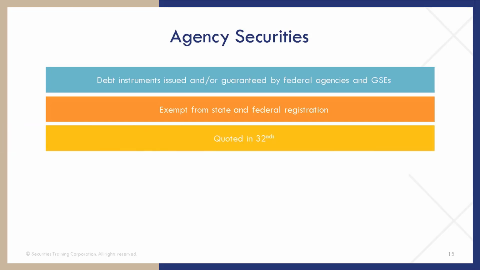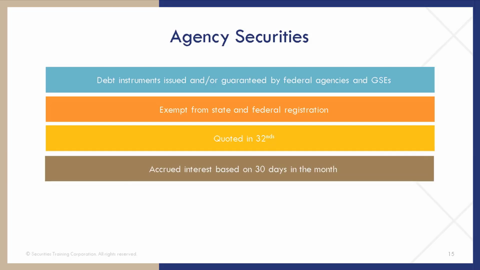Similar to treasuries, they are generally quoted as a percentage of par in 32nds of a point. So the price, for example, for a Ginnie Mae instrument might be 98-16, which means 98 and 16 32nds percent of its par value. The accrued interest is generally calculated more like a corporate or municipal, where it's based on 30 days in each month, rather than using actual number of days.